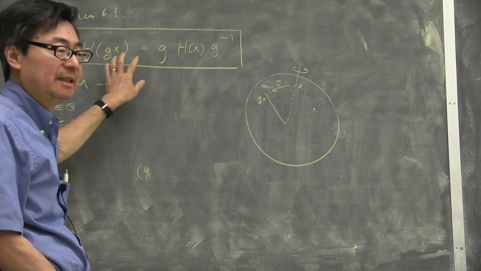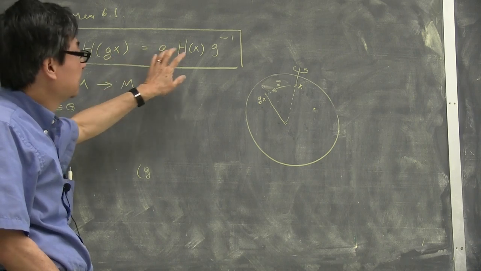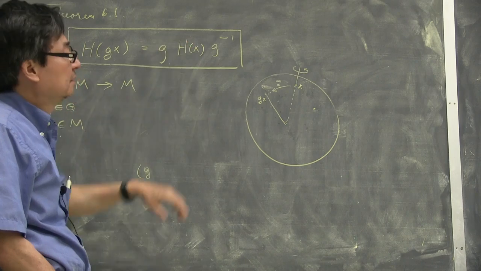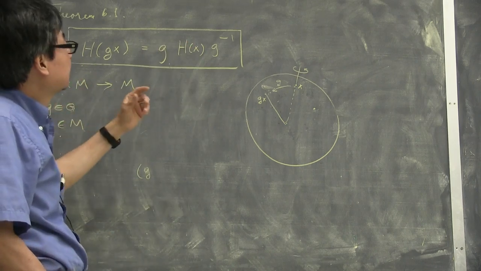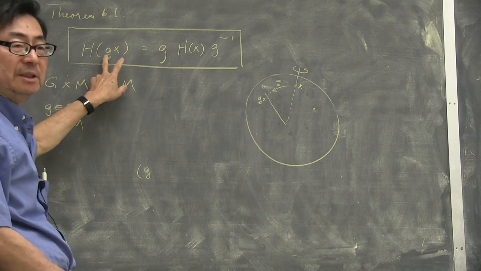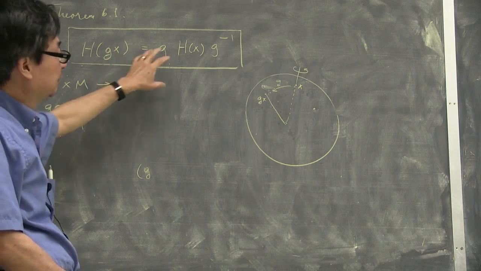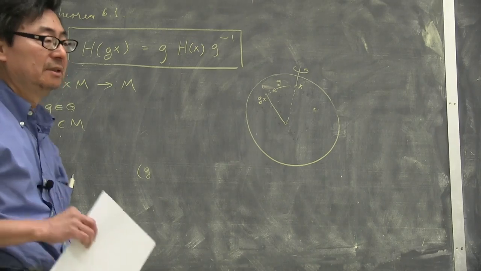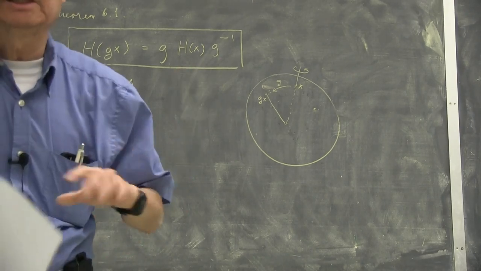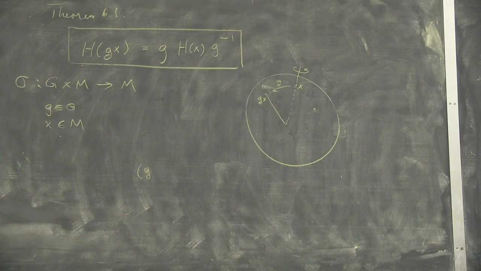You take any element in here, and then you prove that it's also an element in here, then you will have proved that this is a subset of that. Conversely, you can take anything in here and prove that it's also an element in here. Then you will have proven that this is a subset of this. When A is a subset of B and B is a subset of A, then A must be equal to B as sets. So that's very basic set theory.